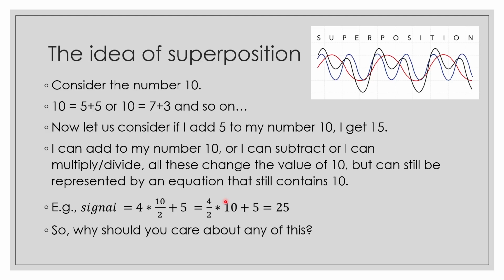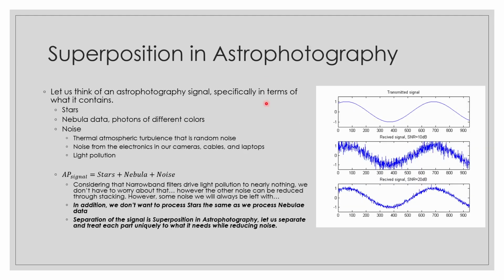So why should we care about any of this idea of superposition? Well, let's think of it from an astrophotography perspective. Say I have a nebula that I want to image, and it's emitting photons, and photons have wavelengths, and it's a signal that's traveling from deep outer space, and we're trying to collect it.